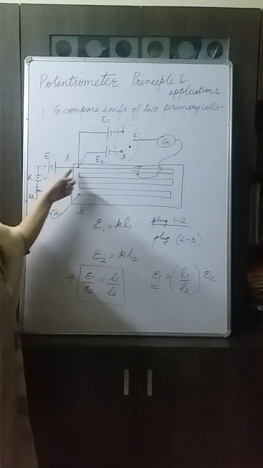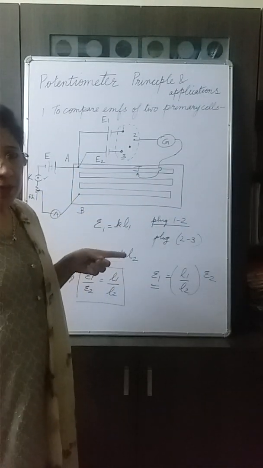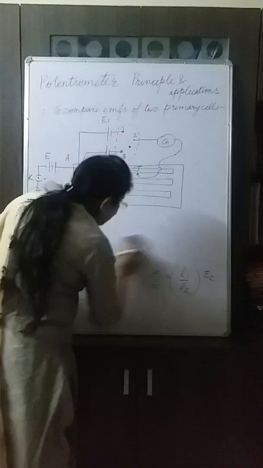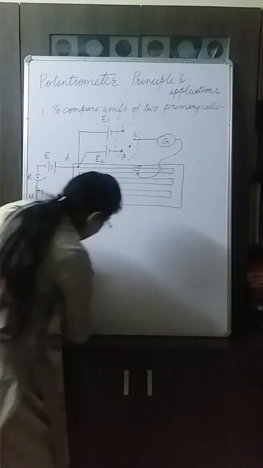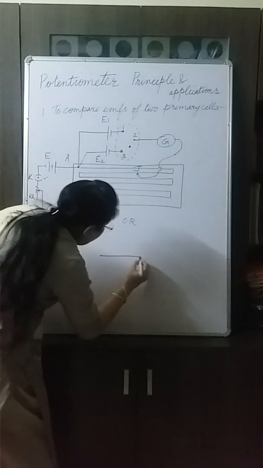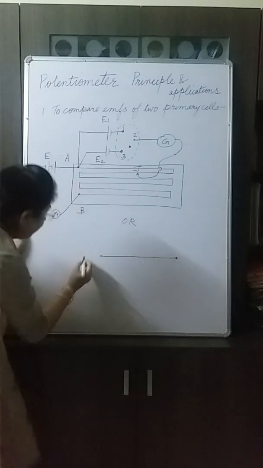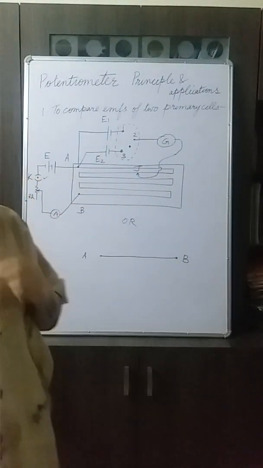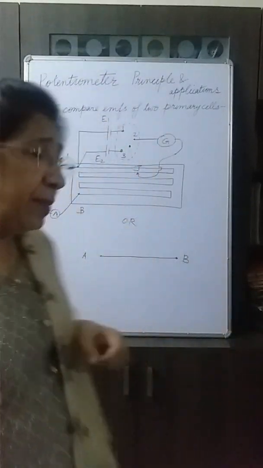In this circuit we have drawn a wooden board along with the circuit. We can also make the circuit a little simpler. We can alternatively just draw a wire AB. No need to draw the different sections of the wire. You can make it simpler.